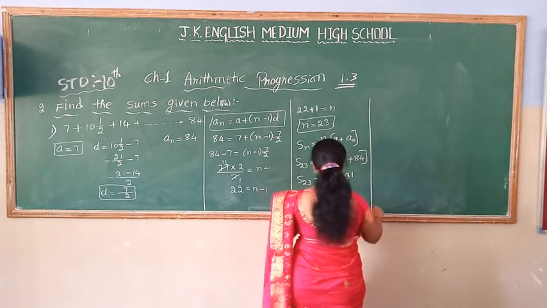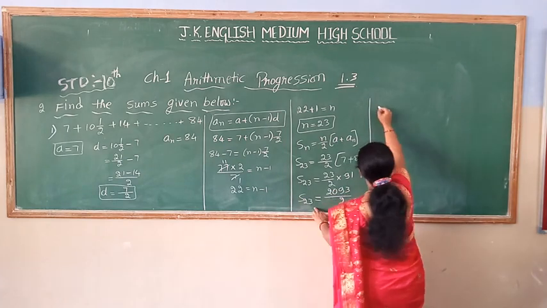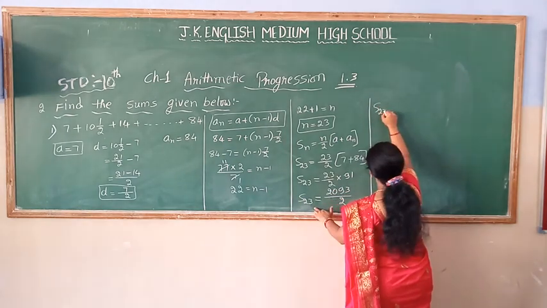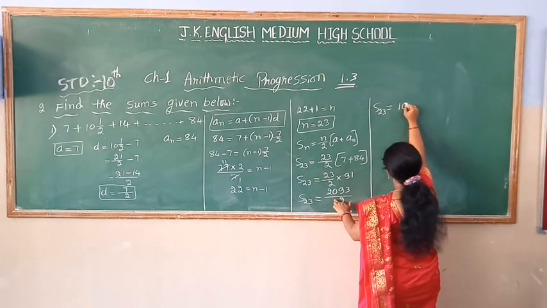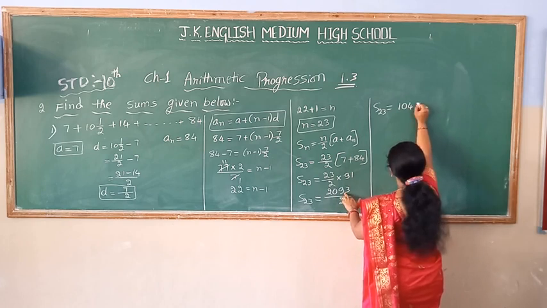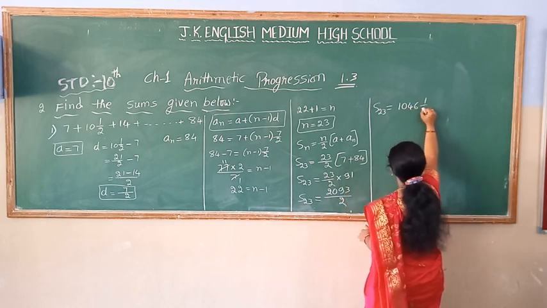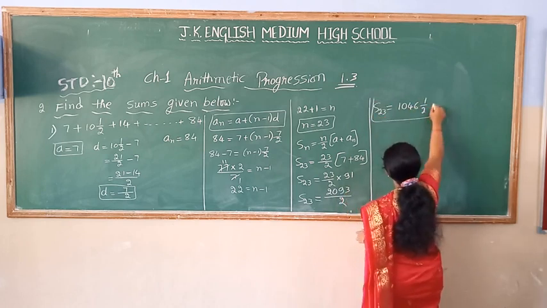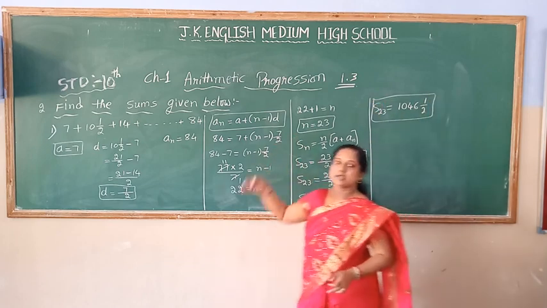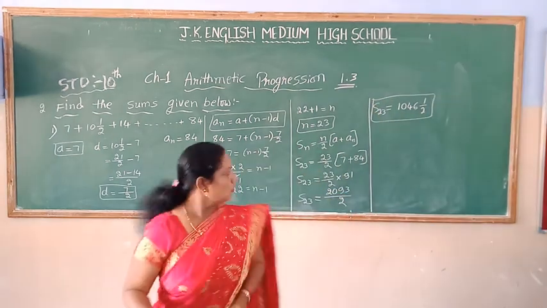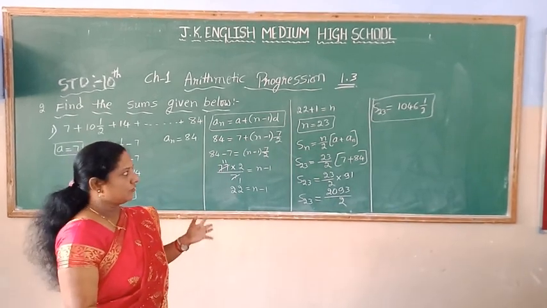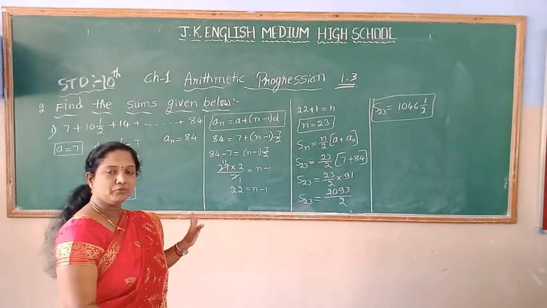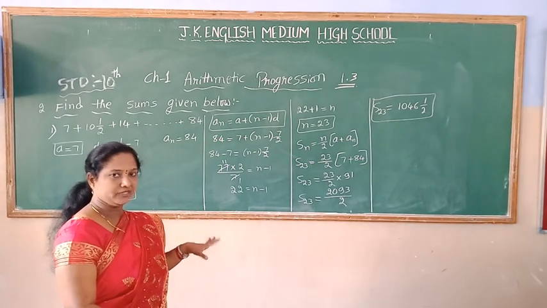This is the sum of 23 terms of this AP. I got 1046 1 by 2 as this fraction. This is the way we can find the sum of n terms of an AP.